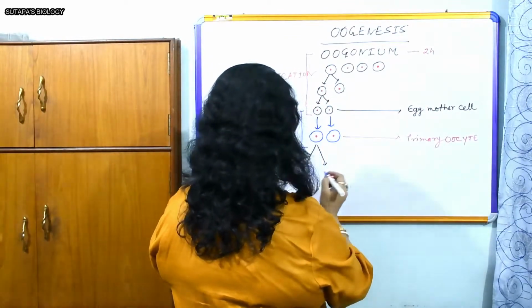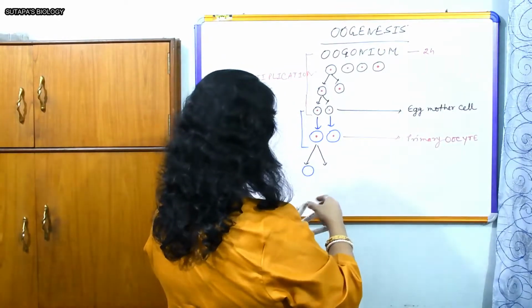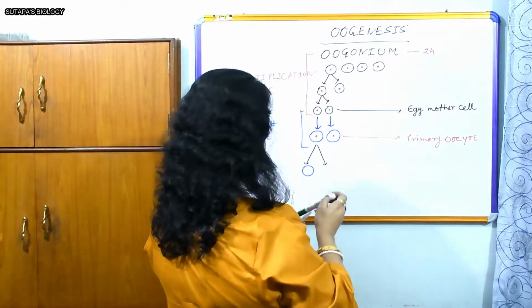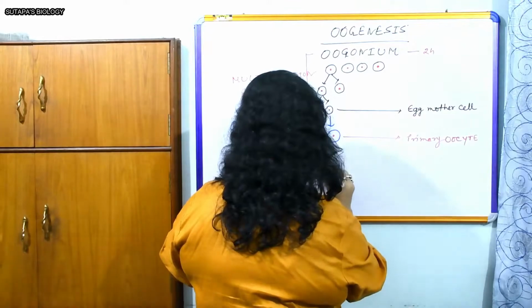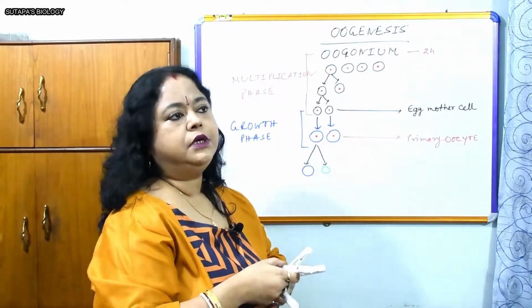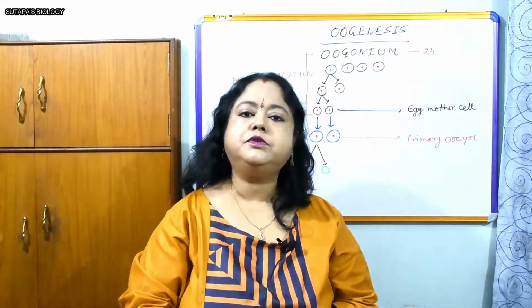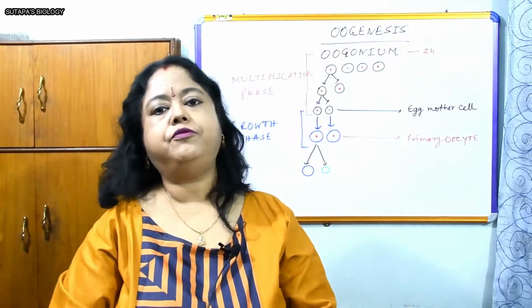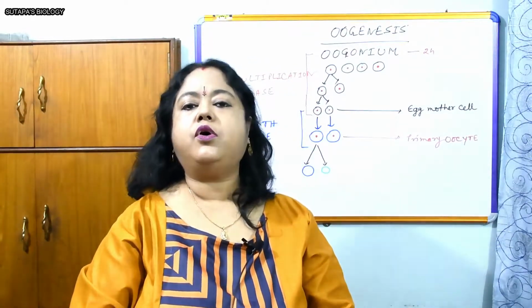One is smaller than the primary oocyte, but the other is very small in size, and that's known as the first polar body. Now, what's the polar body? The polar body will degenerate later. In spermatogenesis, we have seen that from one spermatogonium, 4 sperms are produced and all are functional.